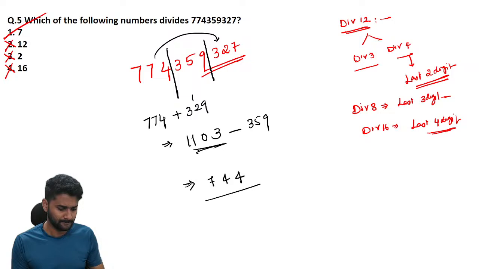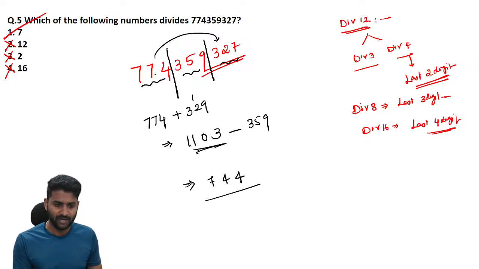Give me a second. 359 and 327. See, first of all, divide it into three sets.